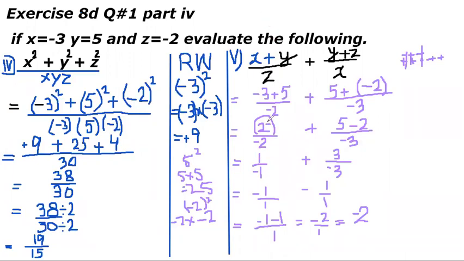We will divide 2 by 2, and in the denominator also we will divide 2 by 2. This is how we change a fraction into lowest term. 2 divided by 2 gives us 1, and negative 2 divided by 2 gives us a negative 1, right? Now the next step, 5 minus 2 gives us 3, and in the denominator is negative 3.